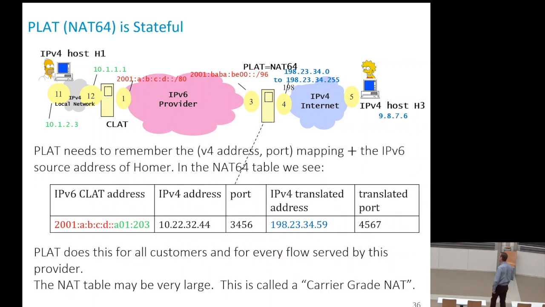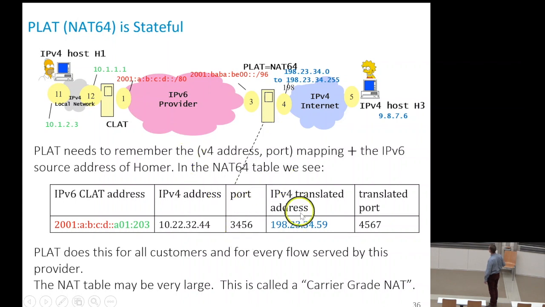Of course, while doing that, like every NAT that is stateful, you need to remember the mapping. So for example, this box will have a table that says the IPv6 address, which is this one, was mapped to an IPv4 address, which is, so I guess this IPv6 address was mapped to, this is wrong, this would be 123, with a port number, that was the original port number, that was here.